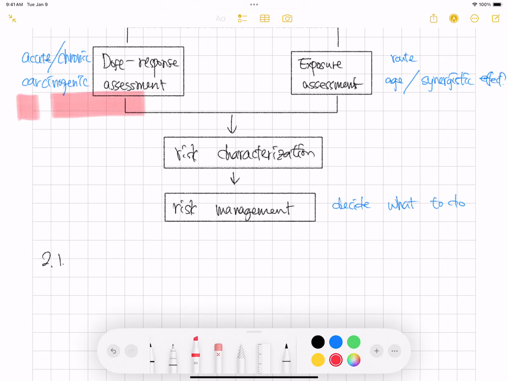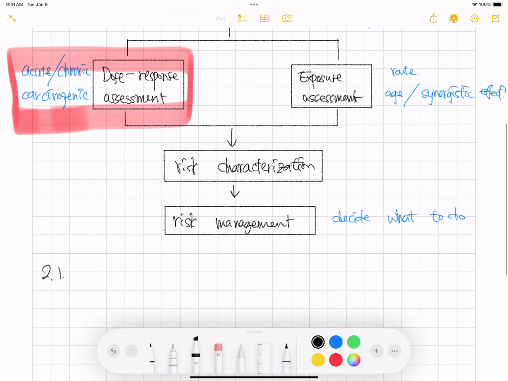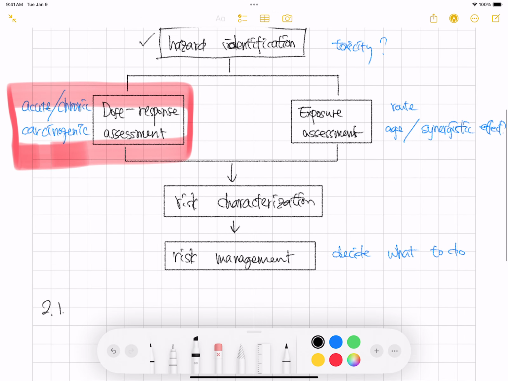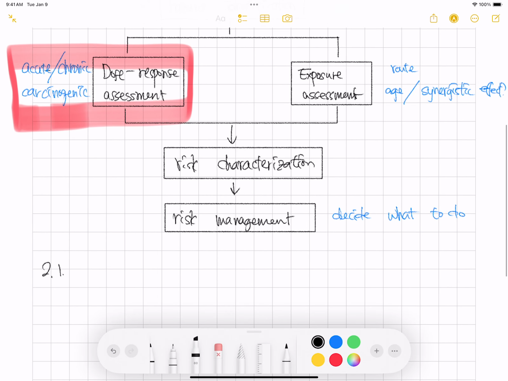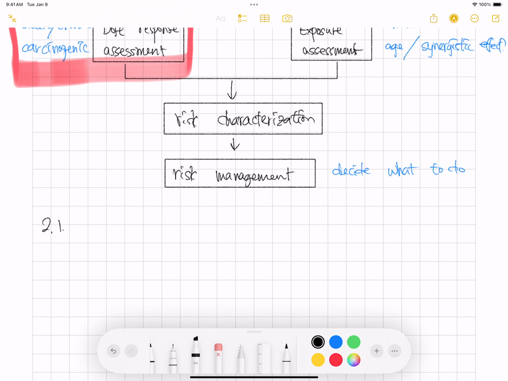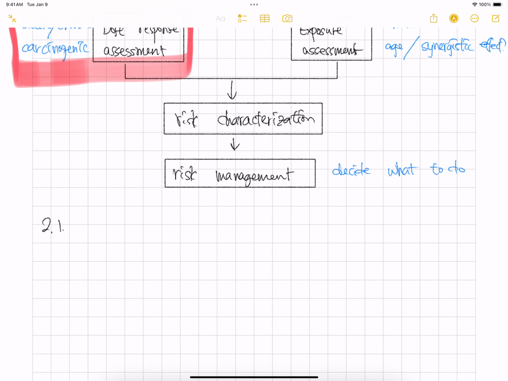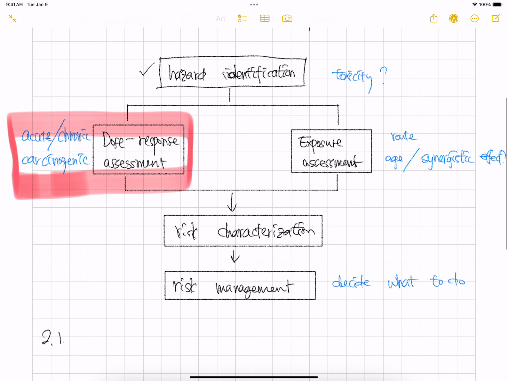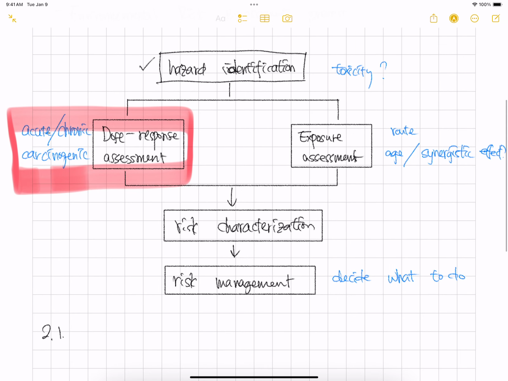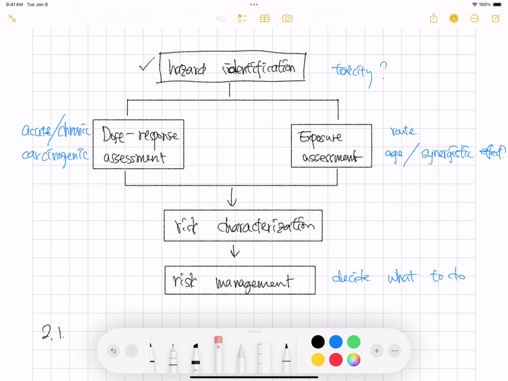All right, let's talk a little more in detail about those. Actually, we need to talk about the hazard identification first.